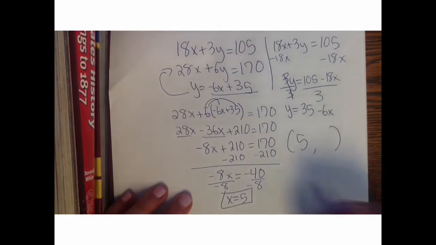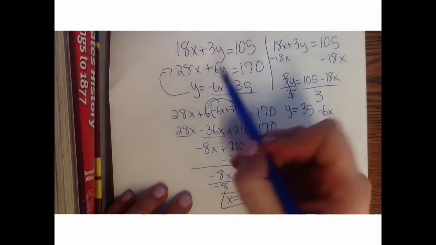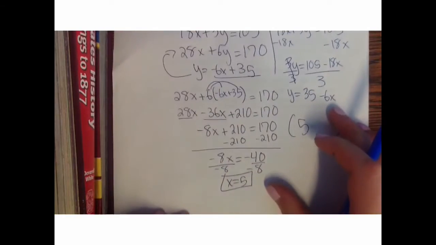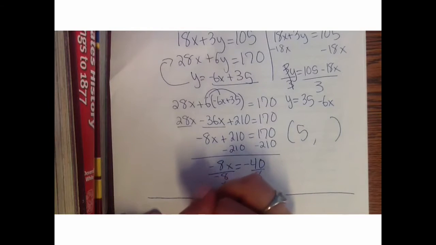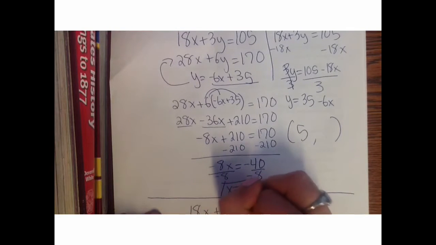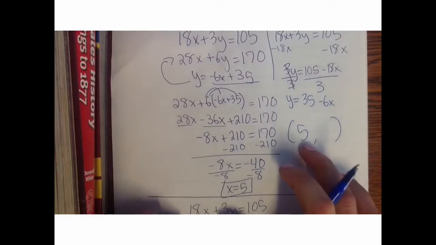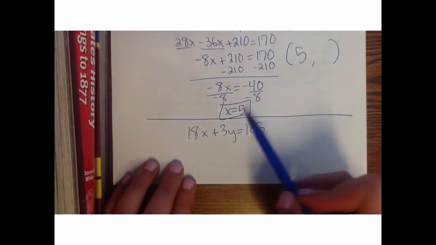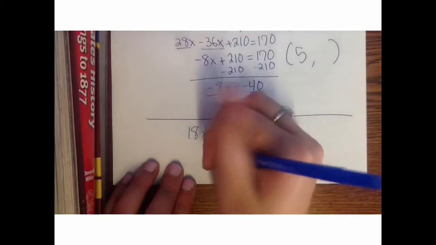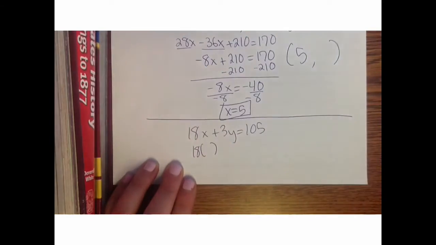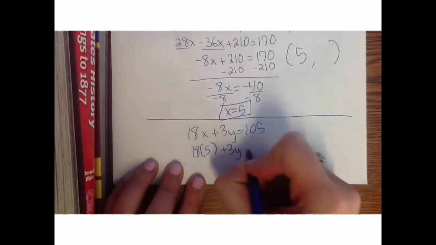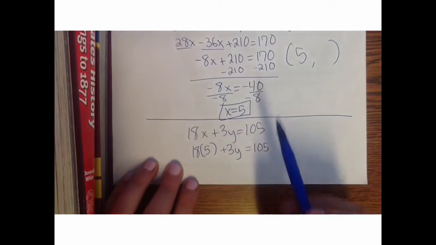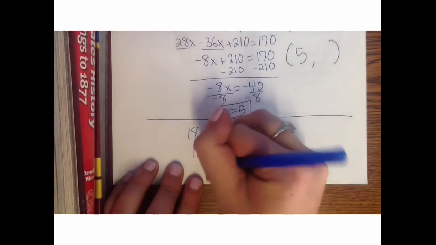So what I do is I take x equals 5 and plug it in for this first equation. I'm just going to write 18x plus 3y equals 105 at the bottom. And now all I'm going to do is substitute 5 in for x to get y. 18, create my pocket, 5 goes in the pocket, plus 3y equals 105. 18 times 5 is 90.